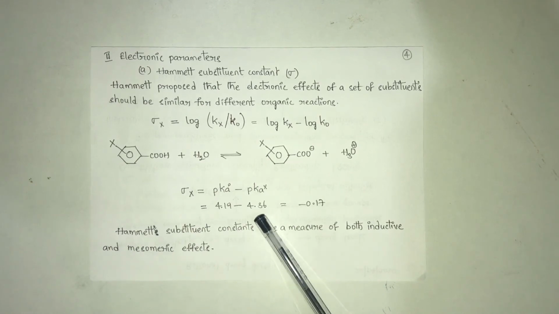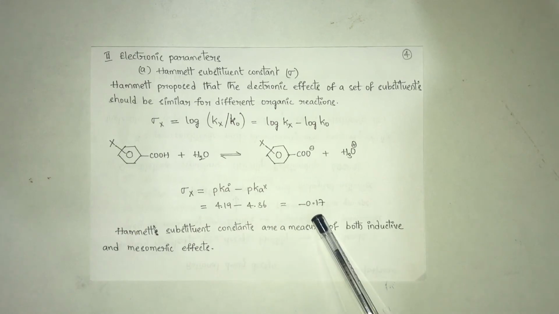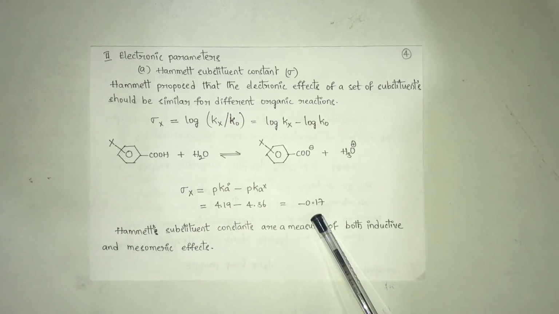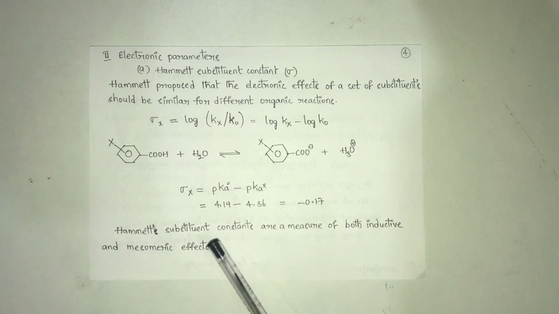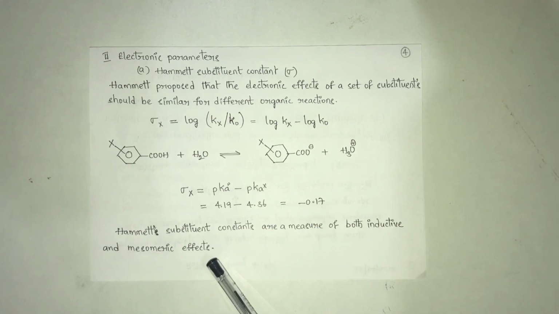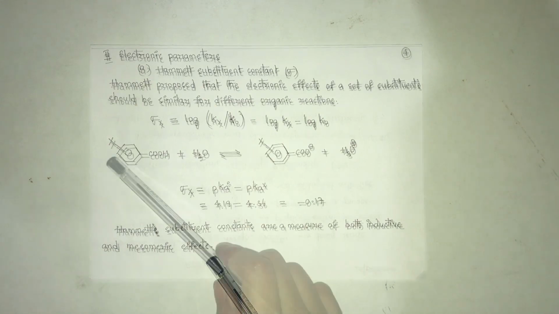So the change in acid strength brought about by the methyl group is minus 0.17. The value of sigma x for a specific substituent contains both inductive and mesomeric contributions, so it varies with the position of substituent. Hence, Hammett's substituent constants are a measure of both inductive and mesomeric effects.